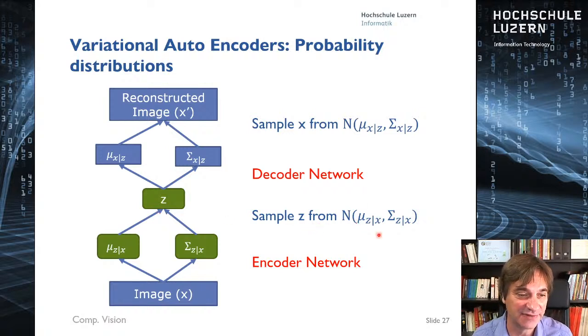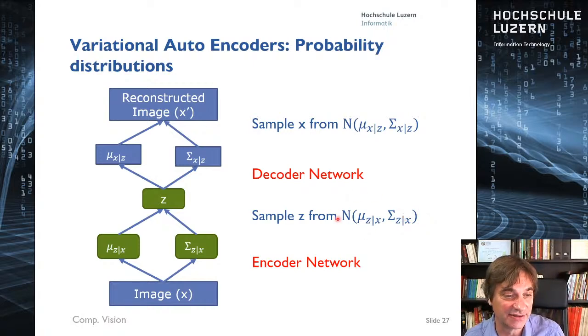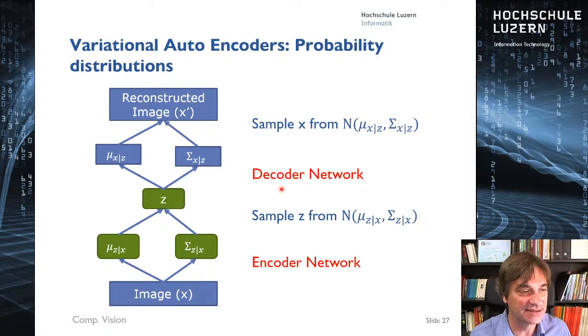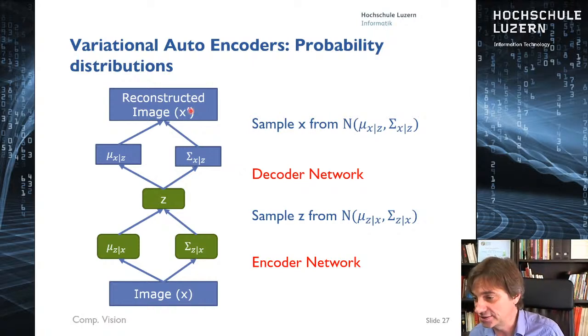You take a mean value, and you know the distribution, so you can sample from it. So you sample from a Gaussian distribution with mean values and the sigma that you have, or a covariance matrix, and then feed that into the decoder network, and this will give you the image.